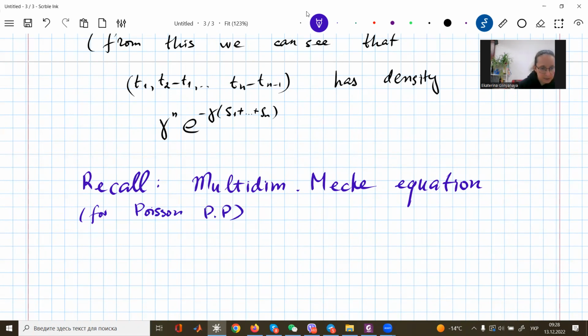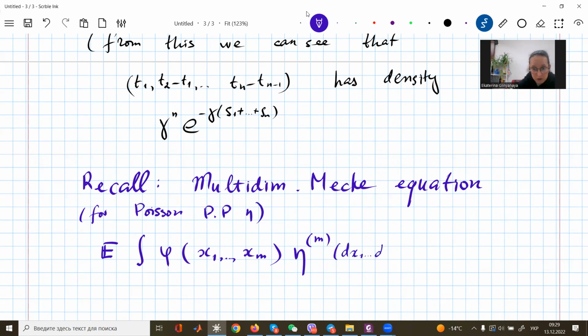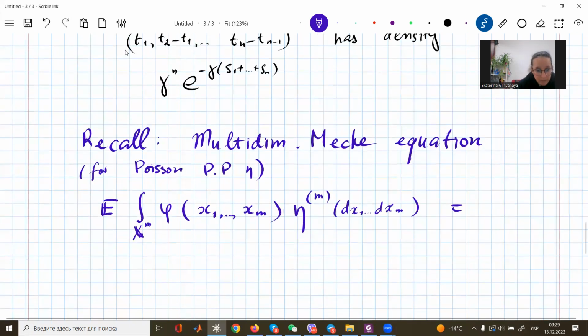So what we said, that if we have the expectation of integrals of some function, let me write here another function, function phi, that depends on some number of points of m coordinates, let's take, and if we write here the m-th factorial power of the Poisson point process eta, dx1 ... dxm, then we can calculate this as an integral, and the expectation we put under the integral, but we add points.